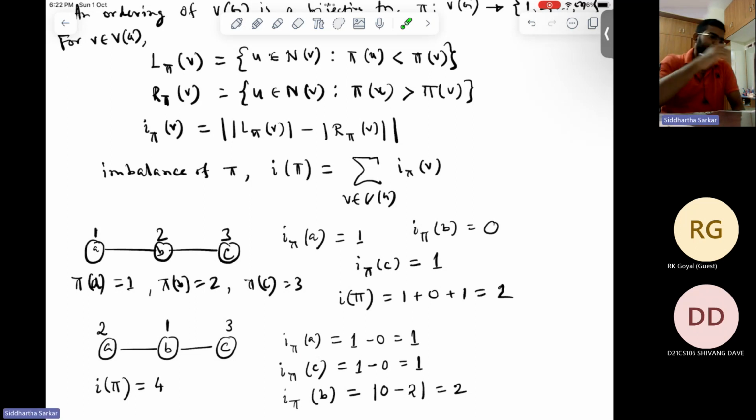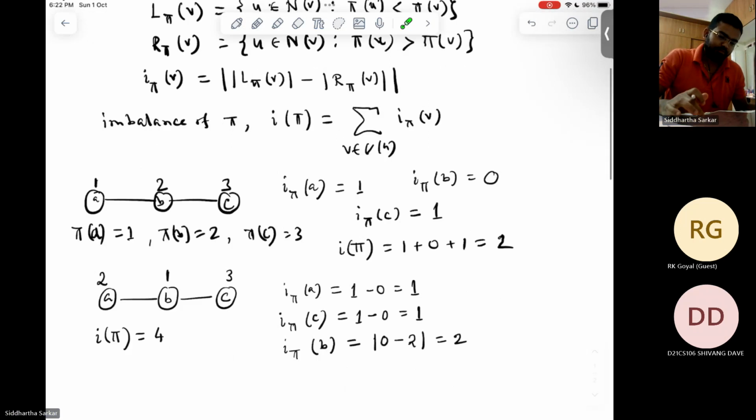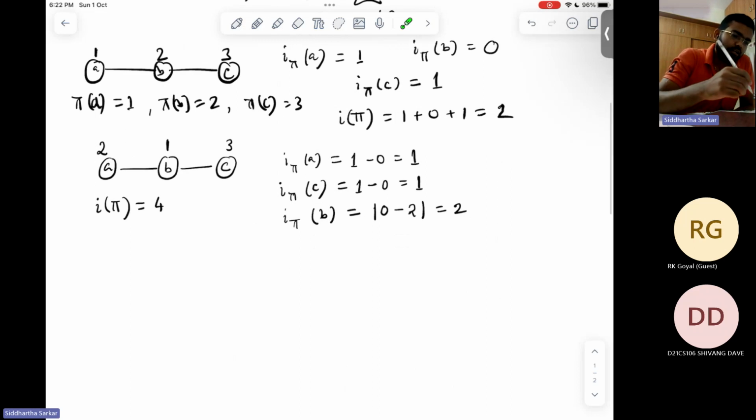What we will show is that there is an algorithm. Our ultimate aim, our final goal, is the theorem; I am writing from the book.